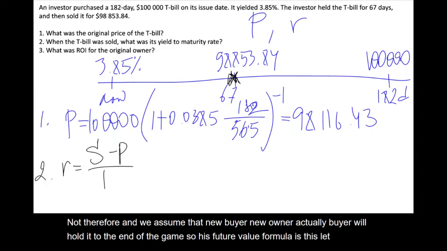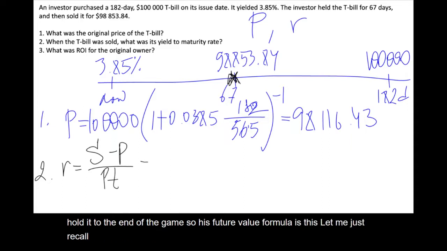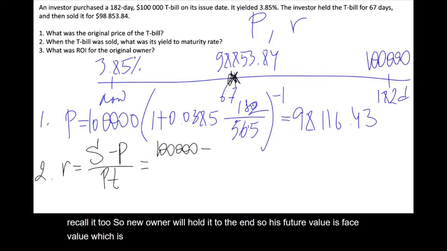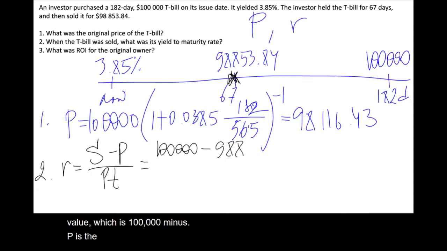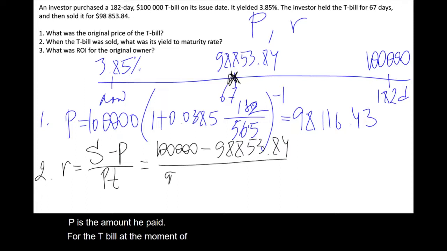The new owner will hold it to the end, so his future value is the face value, 100,000, minus P, the amount he paid for that T-bill at the moment of the transaction.